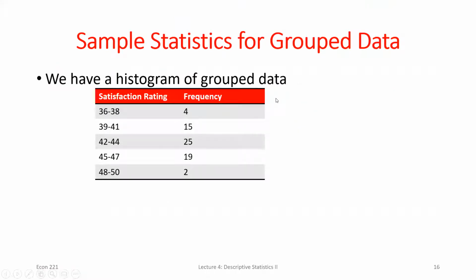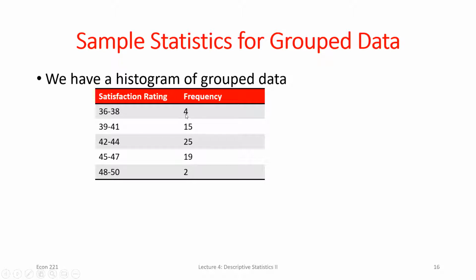I still have group data, but remember we were building those histograms and doing all the frequency distributions? What if that's the only data I can observe? Let's say we had some product that was given a satisfaction rating by consumers. Somebody could observe about 50 different responses and exactly what somebody responded, but they then grouped it and put it into these bins.